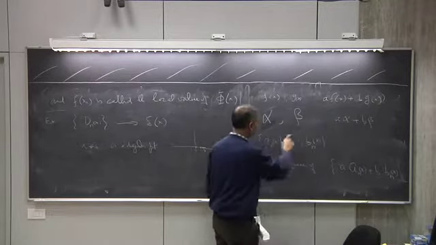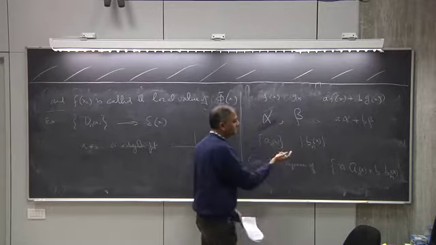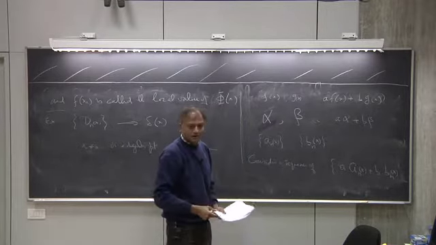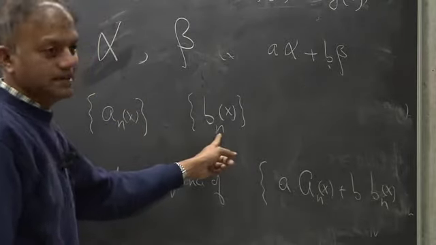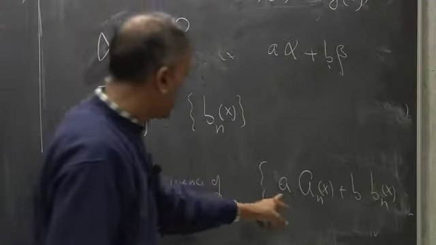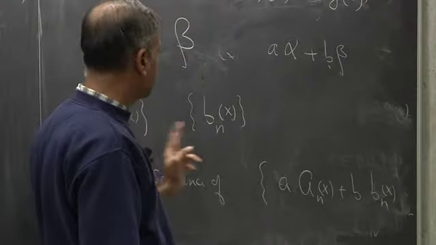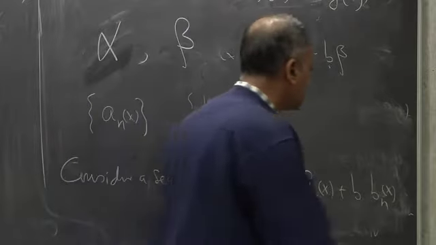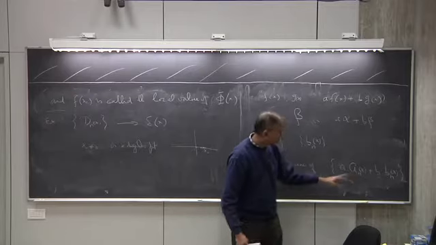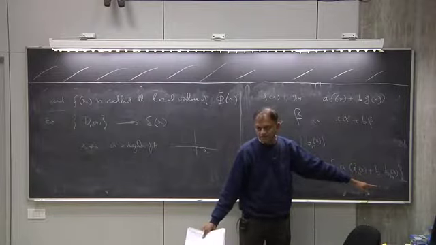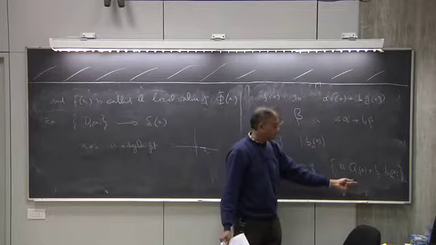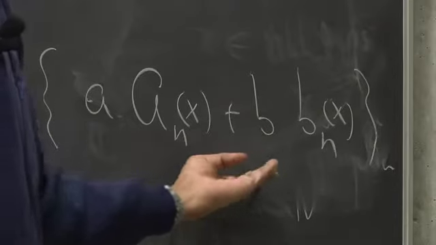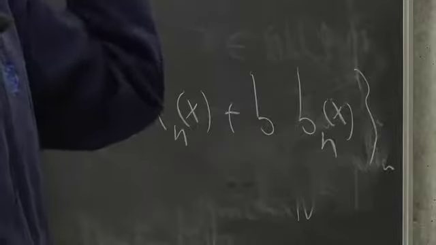I hope you won't confuse the symbols. This a and b are numbers, but a n x and b n x are good functions. So this number times this function, plus this number times this function, will again be a good function, obviously. Sum of two good functions is again a good function, right? So now take the sequence, and you can ask whether this sequence converges in the sense which is needed for the generalized function. So let's check that.